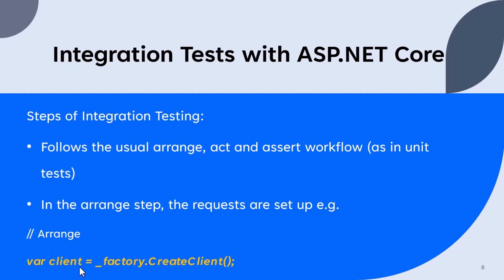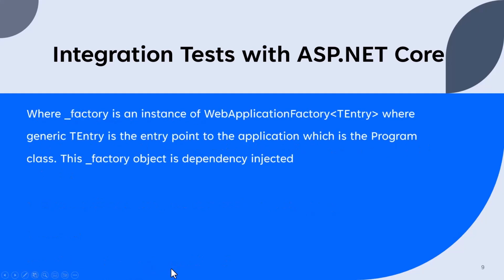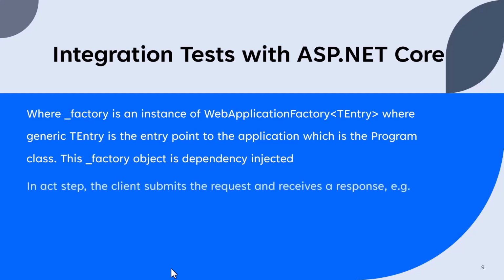So client is a variable, and _factory is an instance of WebApplicationFactory, as we'll see in the next slide, and CreateClient is a method that will create an HTTP client. So _factory is an instance of WebApplicationFactory with a generic type T entry point, where the generic T entry point is the entry point to the application, which is the Program class. This factory object is dependency injected.